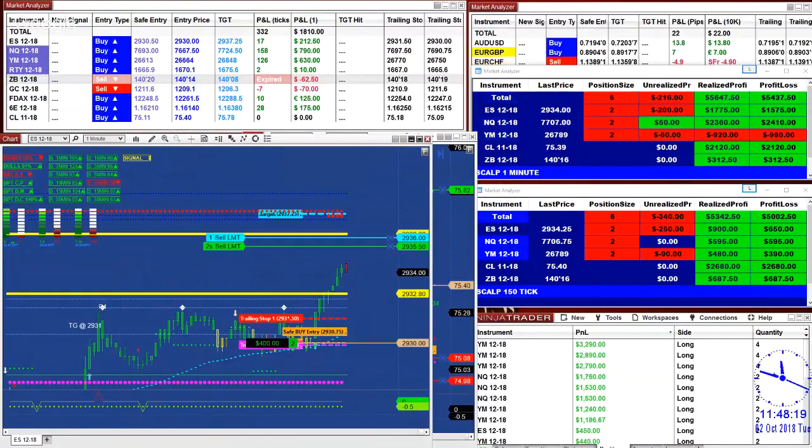This is a challenge. I love it when you close and open a position. So we'll see.